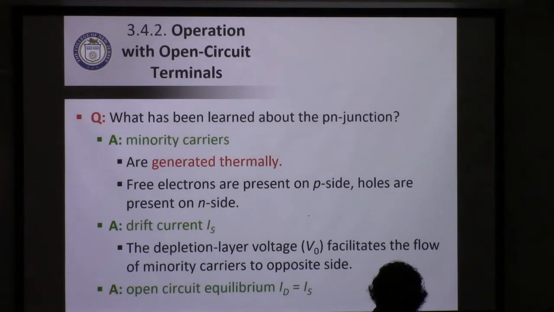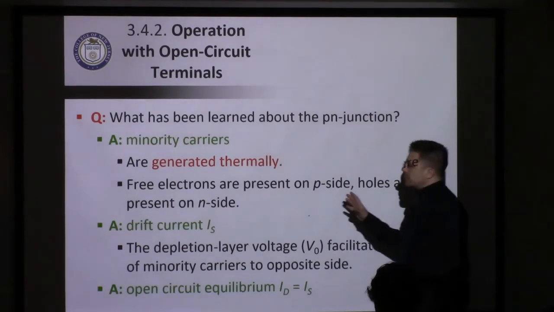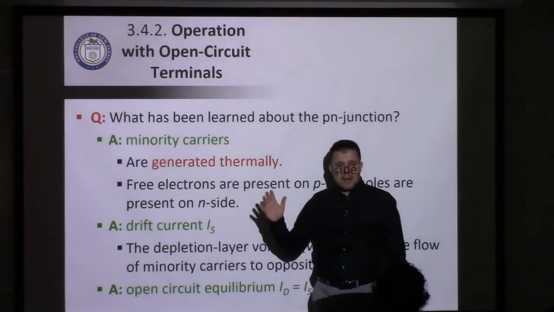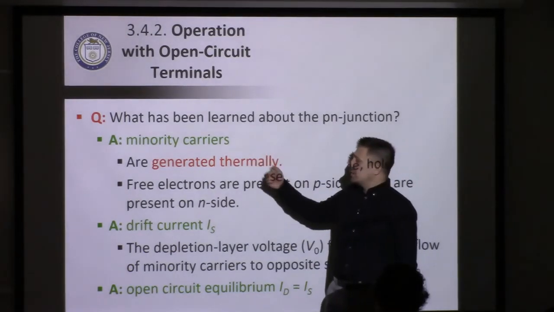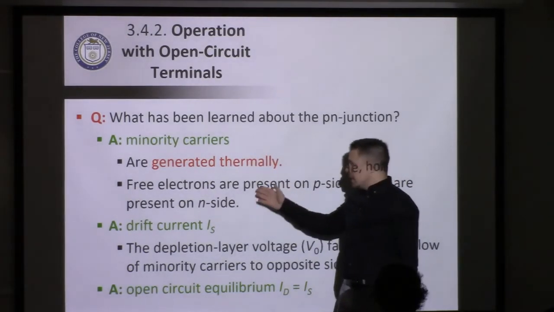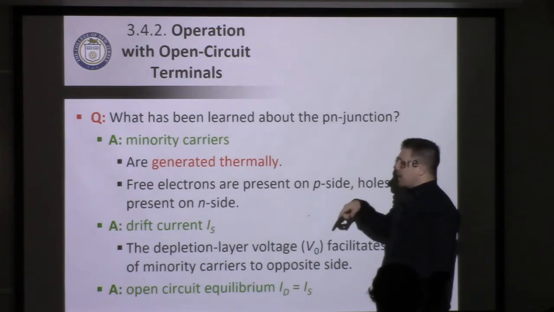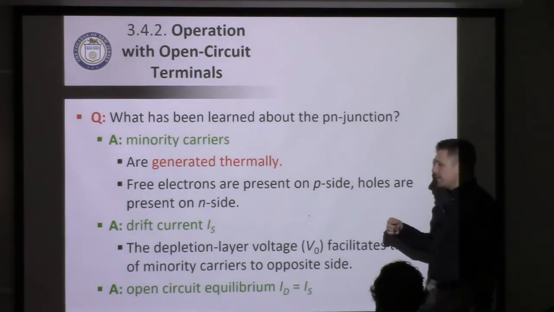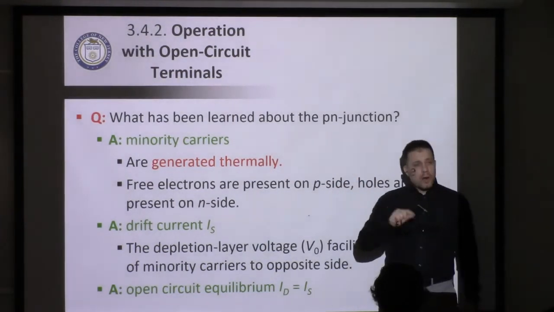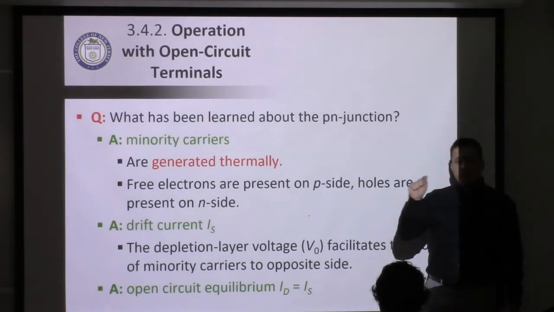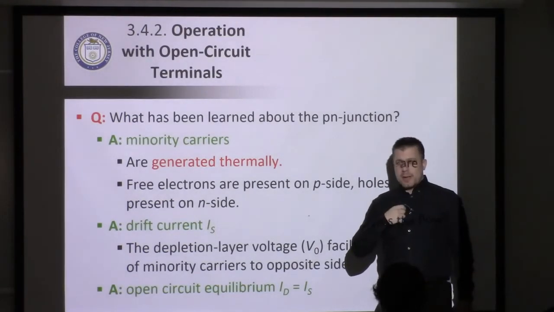Minority charge carriers, there are still minority charge carriers in the pn-junction. Like any other case, they will be thermally generated. That'll be free electrons on the p side and available holes on the n side. And so we talked about what caused diffusion current, but there is also a small drift current that will be flowing.